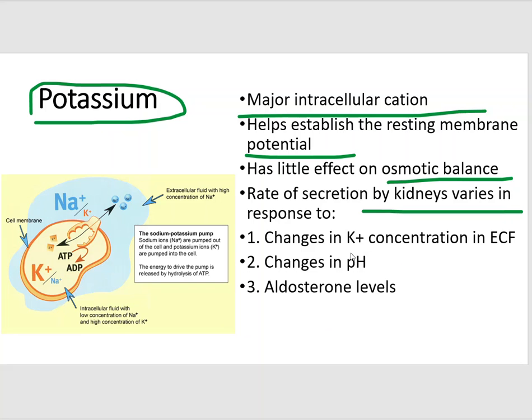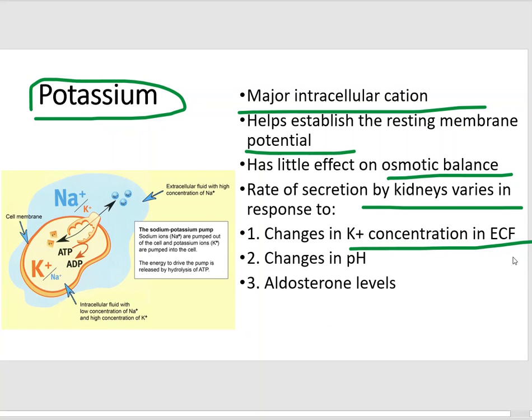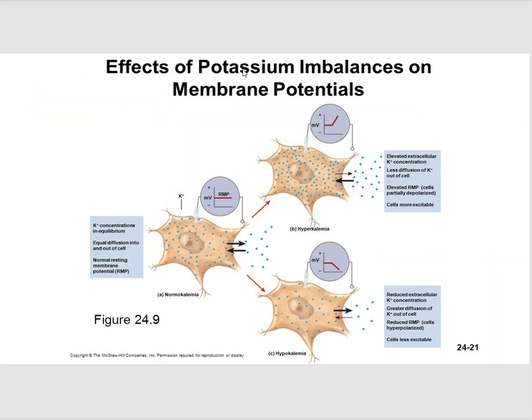If my potassium goes up, I'll put more; if my potassium goes down, I'll put less. If I have a change in pH, that will actually cause more potassium to be out in the extracellular space, or change aldosterone levels. Aldosterone responds to potassium levels as well as to the water levels.